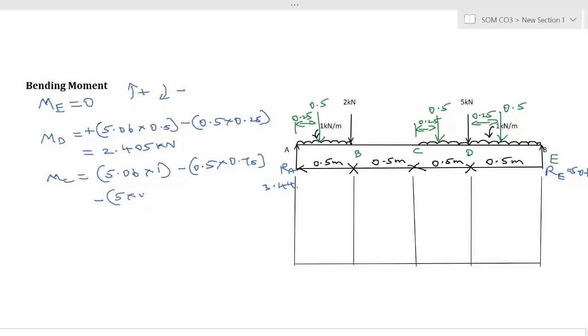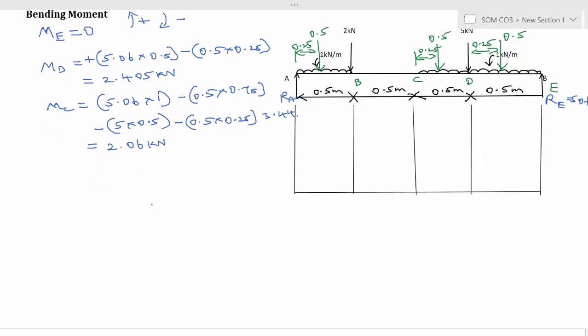So 5 into 0.5. Then minus another UDL acting and its magnitude is 0.5, and the distance is 0.25. Okay. So the MC value is 2.06 kilonewton meter.